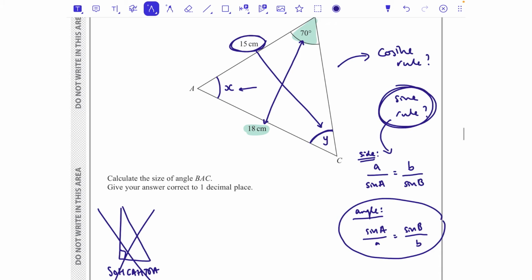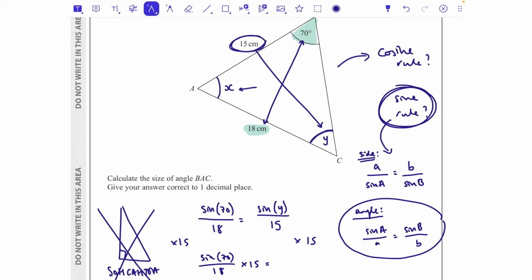So let's do sine 70 over 18 equals sine y over 15. And then I'm going to times both sides by 15 to try and work out what that y is. So sine 70 over 18 times by 15. And that's going to be sine y, but don't forget that we are going to need to do sine to the minus 1 of that answer.